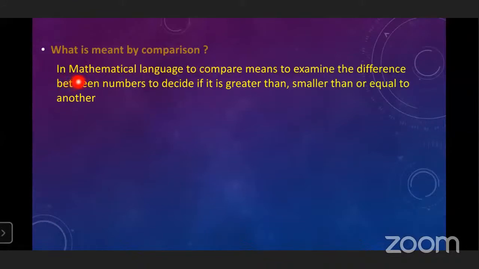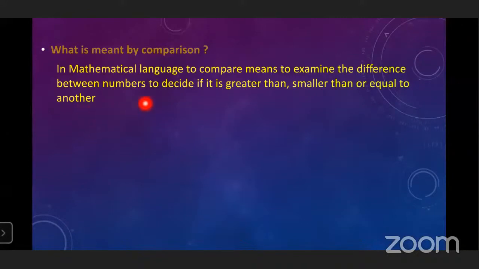In the pictures, we have seen that we compare the size and height with one another. But in mathematics, what do we have to compare? We have to compare the numbers. So in mathematical language, we can say that to compare means to examine the difference between numbers to decide if one is greater than, smaller than, or equal to another.